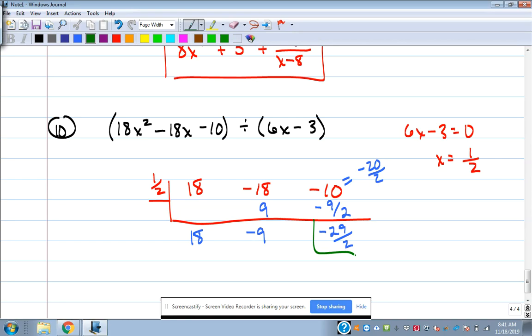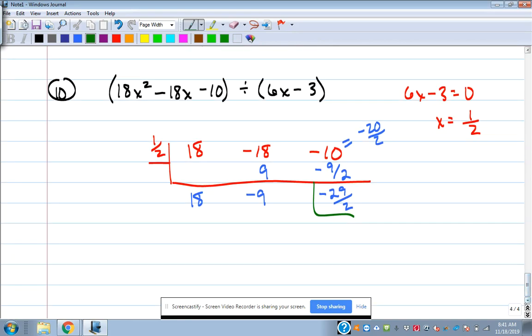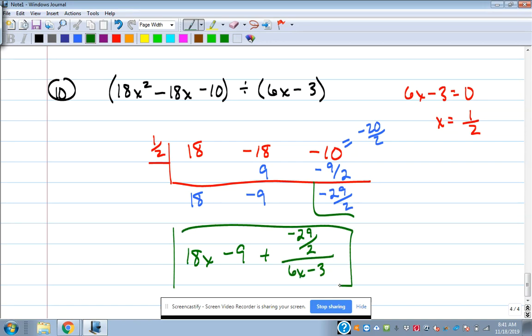Our remainder is that ugly fraction, and that's okay. So what's our quotient, though? Not bad.